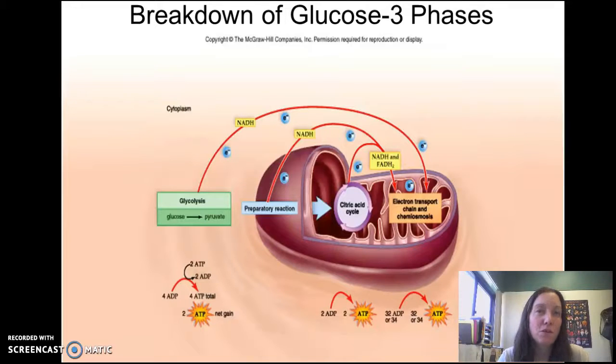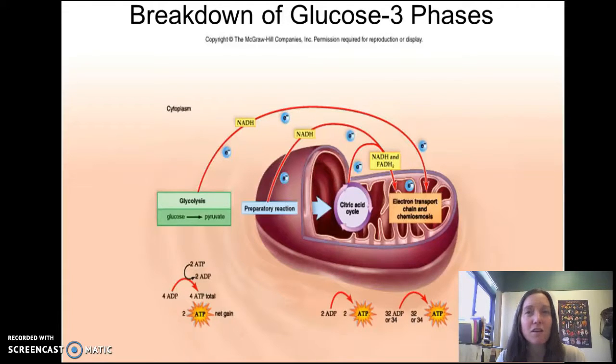The breakdown of glucose, cellular respiration, has 3 phases: glycolysis, the citric acid cycle, and the electron transport chain. Glycolysis occurs just outside of the mitochondria, and that is the splitting of glucose. Lysis means splitting, glyco for sugar. That's generally what happens in that step.